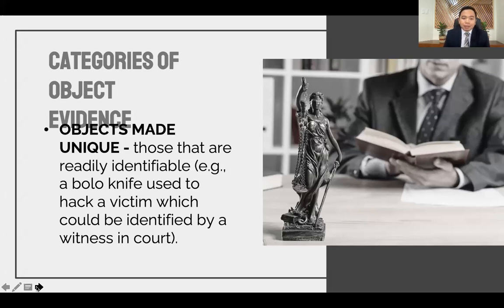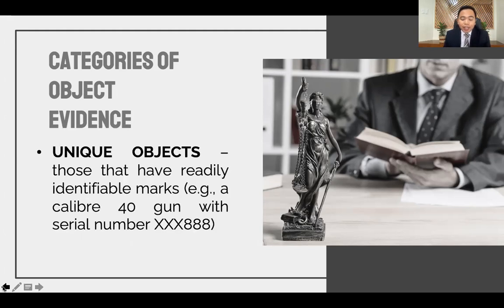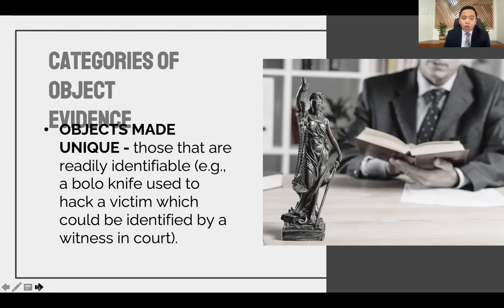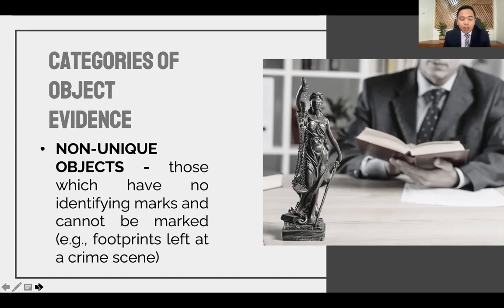So when you say objects made unique, this is formerly or previously not readily identifiable, but because of the testimony of a witness, it subsequently becomes readily identifiable. Compared to unique objects, which are already identifiable by and of themselves, objects made unique could only be readily identifiable upon testimony of the victim.